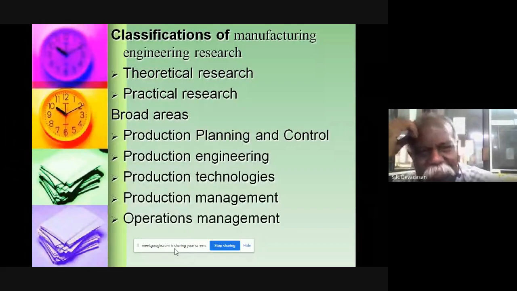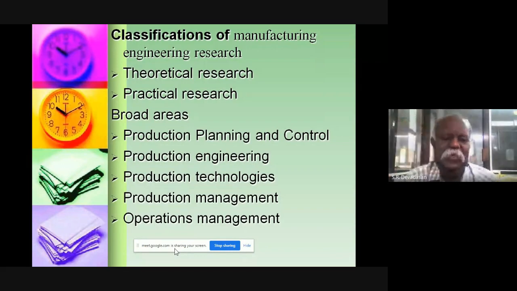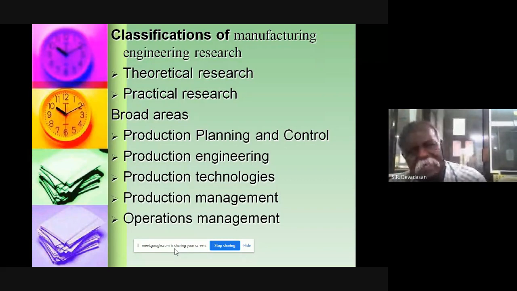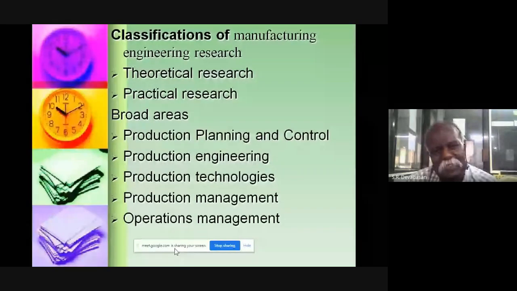So coming to the terms in this direction, we have to think about the broad areas. One is production planning and control. So the design is completed, then it needs to be properly produced and controlled. Let us think about, say, pharmacy.